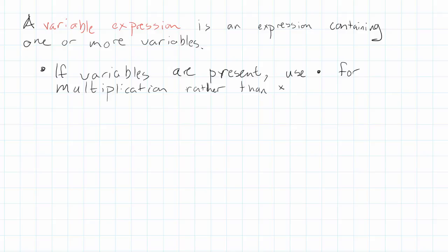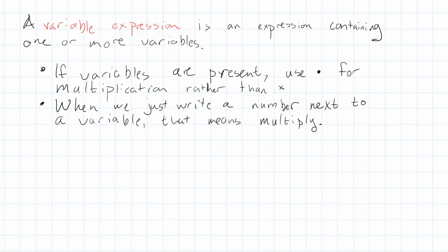If variables are present, use a dot to represent multiplication instead of the little x, which looks a lot like the letter x, which is why we don't do it. When we just write a number next to a variable, that means multiply. So for example, if we write 3x, that means 3 times x.